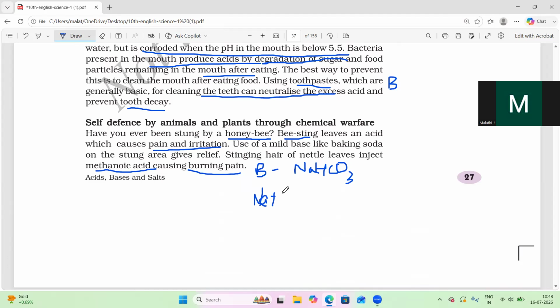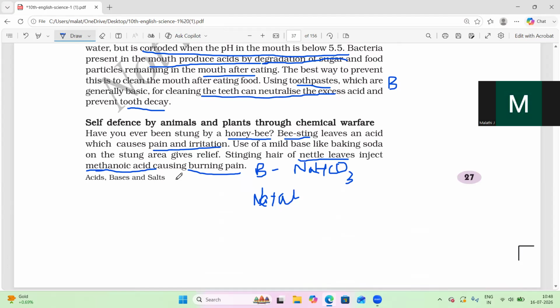We will get a burning sensation, or maybe pain and irritation. Nettle leaves also liberate methanoic acid, causing burning pain. When we touch the hairs of the nettle leaves, we get a burning sensation and pain.